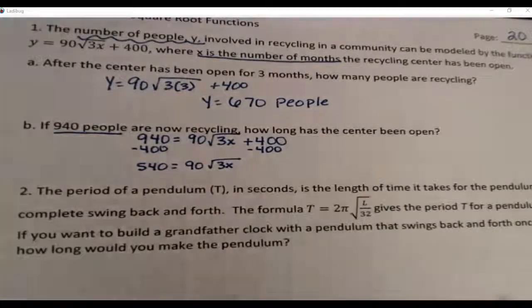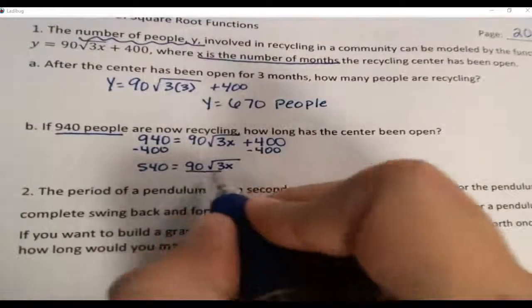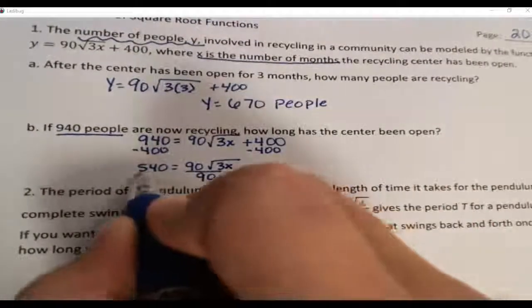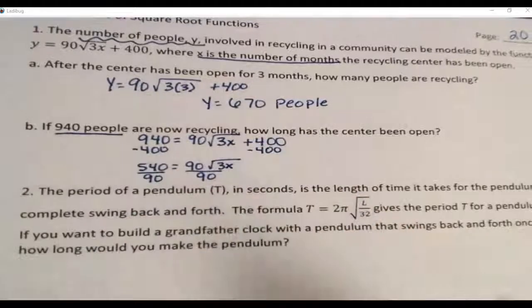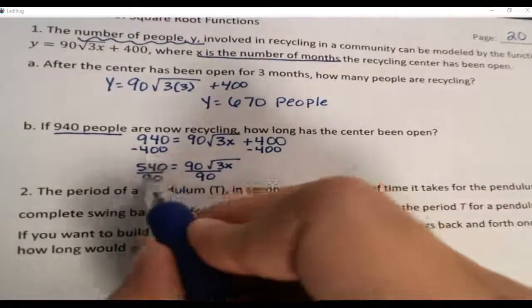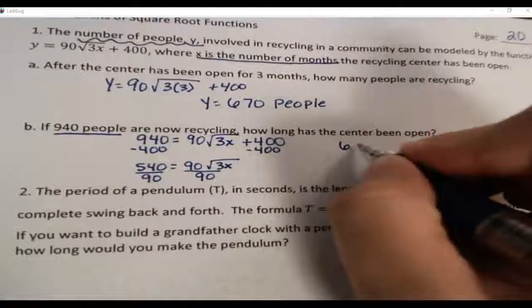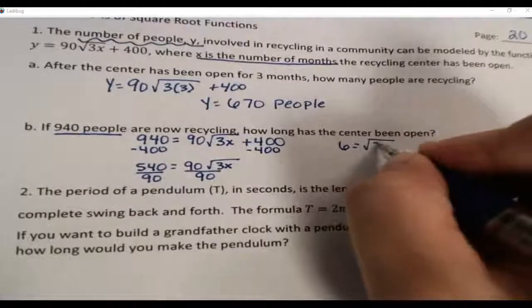Then what's my next step? Good, divide. So divide both sides by 90. So what's 540 divided by 90? Good. So then we get 6 equals the square root of 3x.